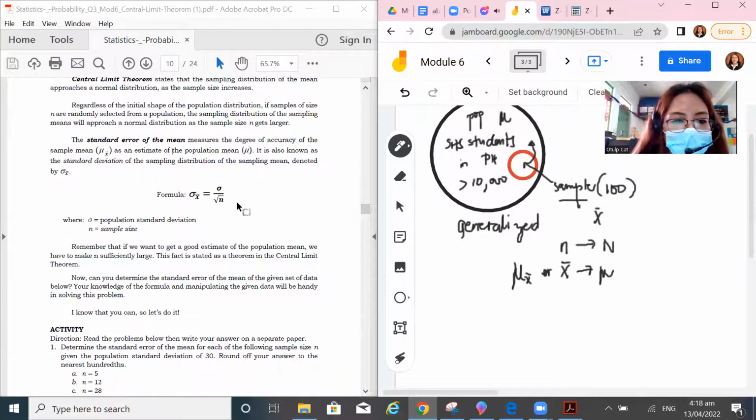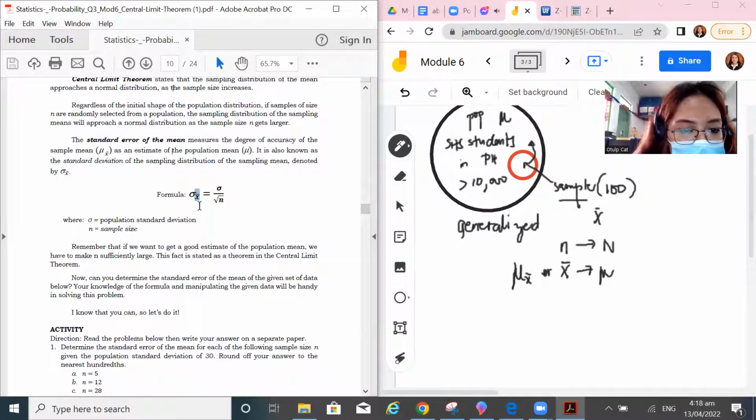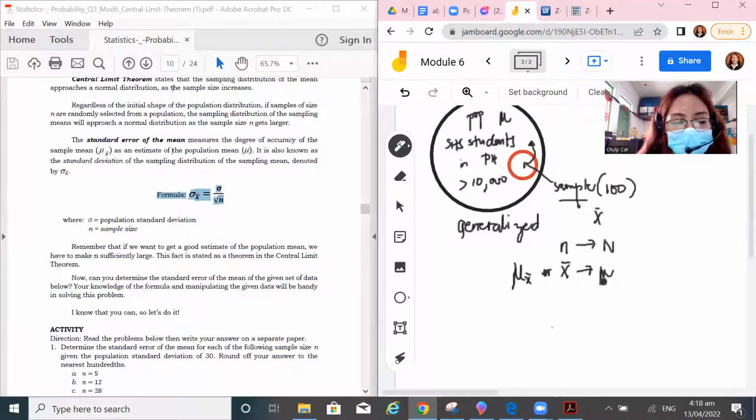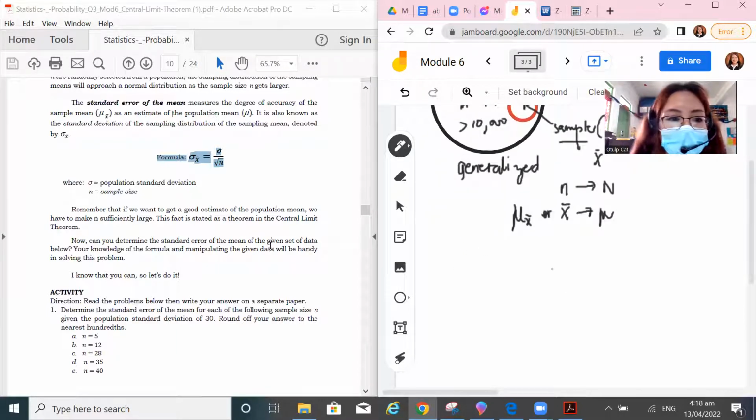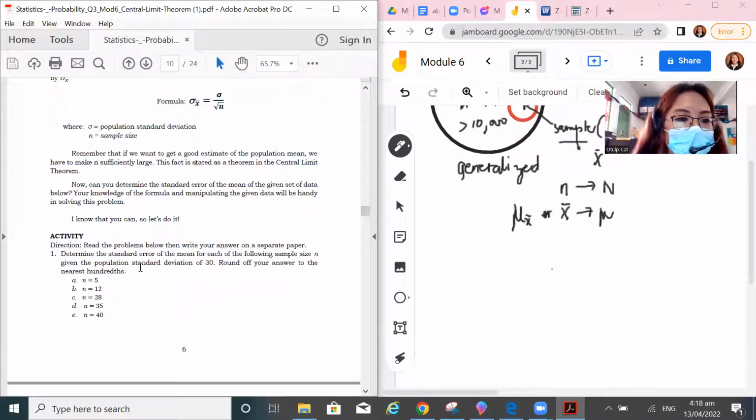The small sigma with subscript x bar is the standard error of the mean, given by this formula, where n is the sample size. For the activity, we determine the standard error of the mean for each of the following sample sizes. You see here that from A to E, the sample size increases. What will it mean for the standard error?